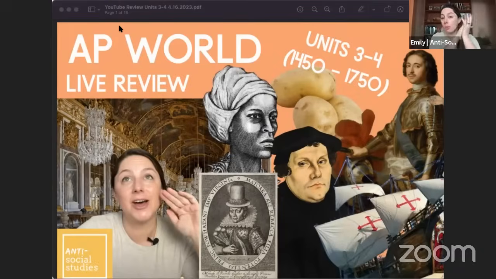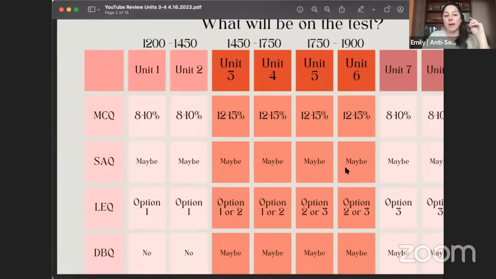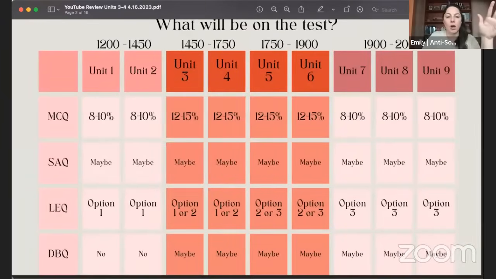Okay, so what we're talking about is Units 3 and 4, or the years 1450 to 1750. Let me go ahead and show you this graphic one more time. I showed it to you at the last review as well, but this is a really overwhelming visual representation of what's going to be on the AP exam.